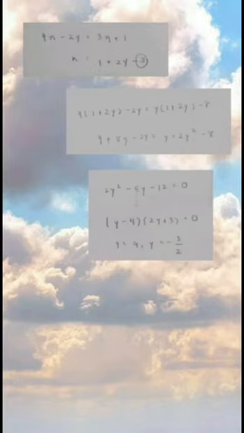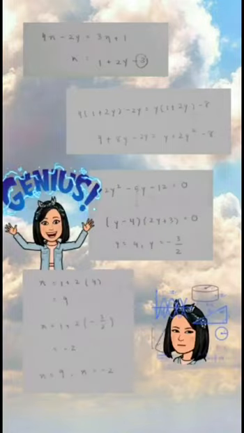Do factorization and you will get y equals 4, y equals negative 3 over 2. Then you can get x by substituting the value of y. So the answer is x equals 9 and x equals negative 2.